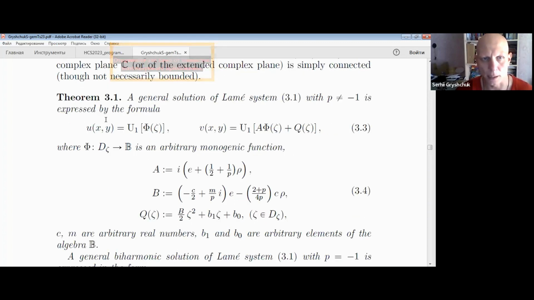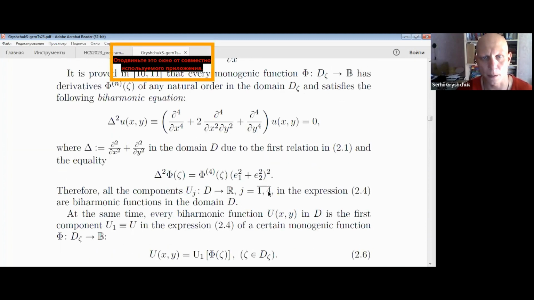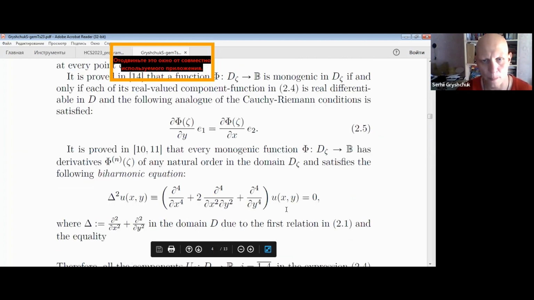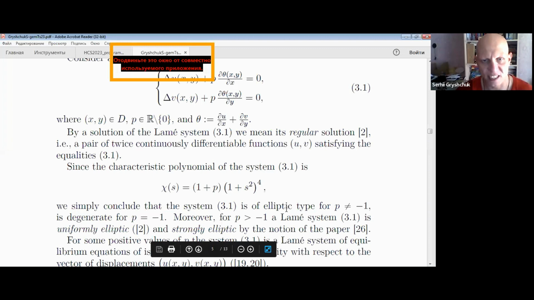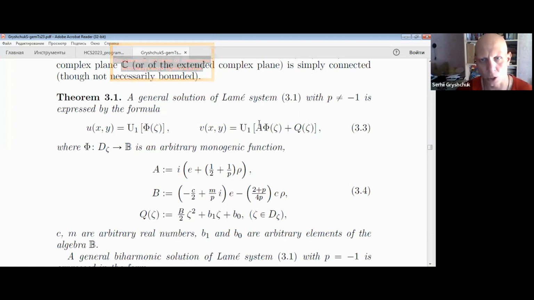Here we see that the first component of the solution is u1, and the second component v equals the first component of such a linear combination: A, a hypercomplex number of the algebra, times the monogenic function phi, plus q.